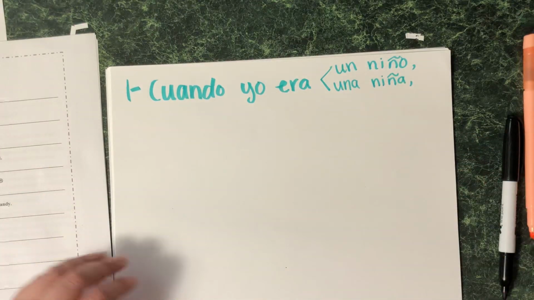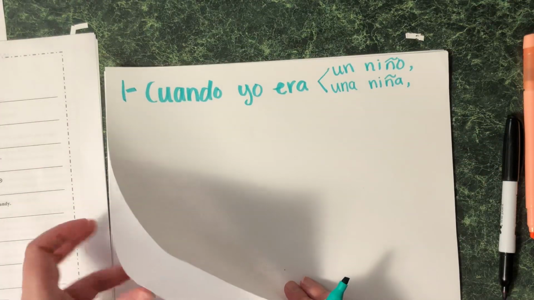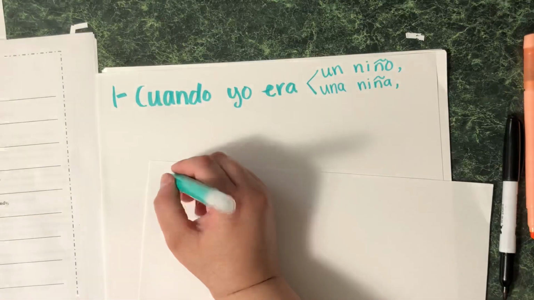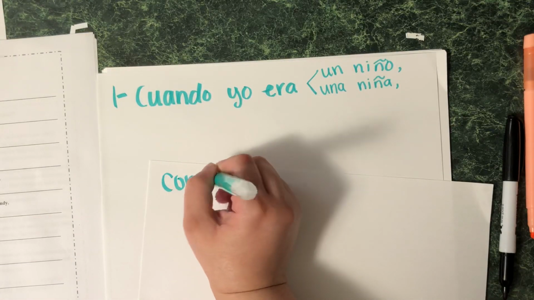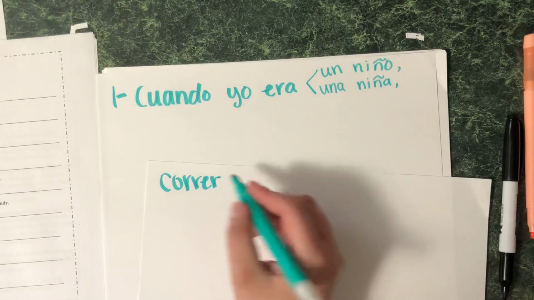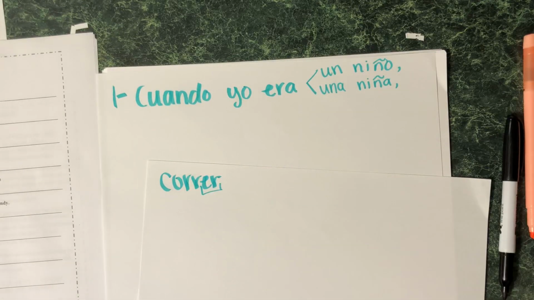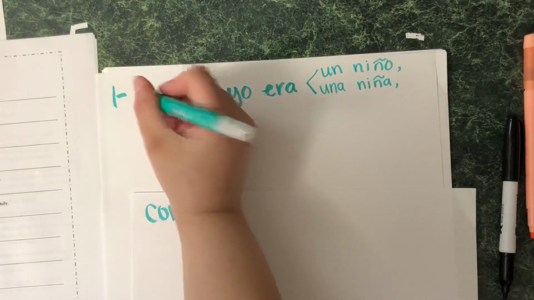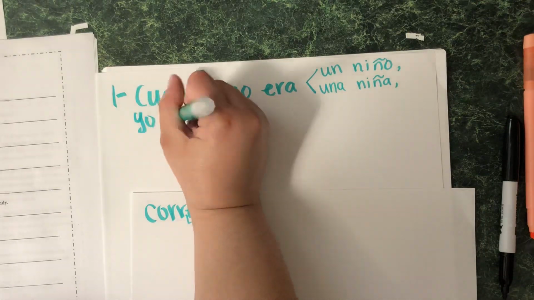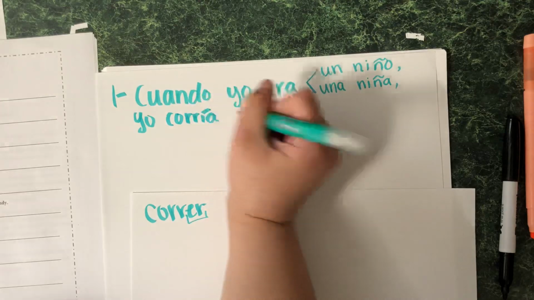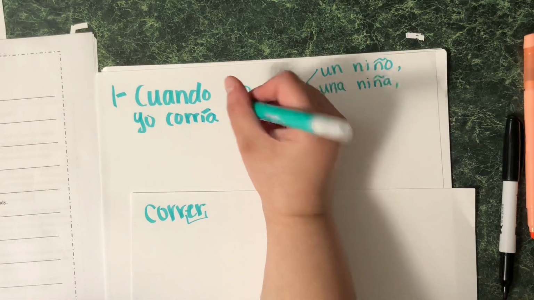What's the verb to run? Used to run. We have the verb correr right here. So the rule says, take the ending off and put the new one. Look at your notes and let me know what's the form that we're going to write right there. Corría, exactly. Yo corría, and then every day.